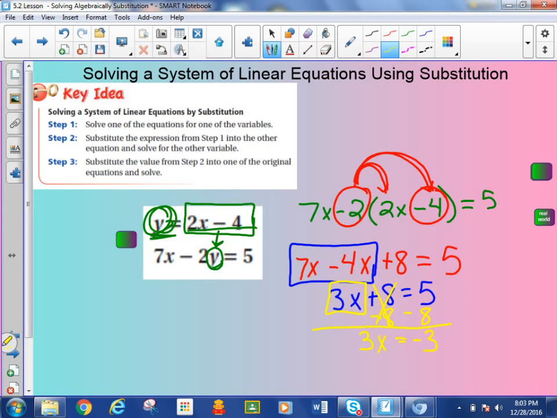If you're not comfortable with integers, I highly recommend checking with a calculator. Now I'm going to divide by 3 to get x by itself. Negative 3 divided by 3 gives me x equals negative 1. So I just found out in my xy combination that my x is negative 1.